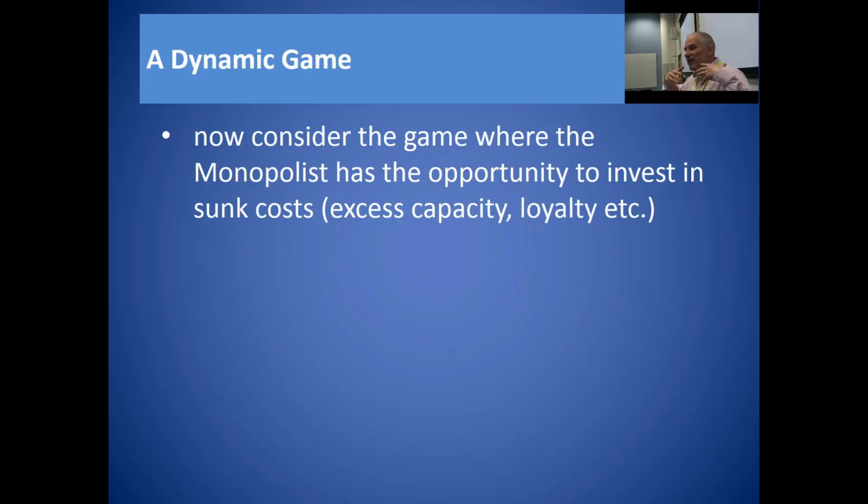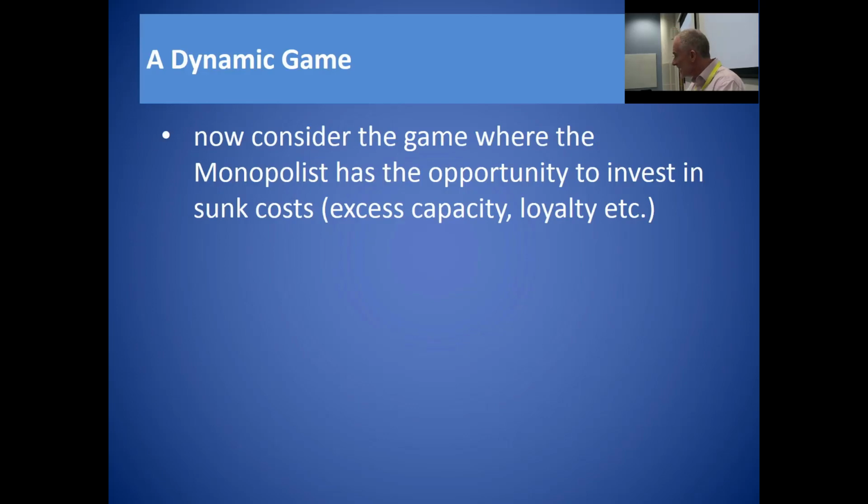It could invest in a heavy brand loyalty and advertising scheme that builds loyalty of customers to it. But this does impose a sunk cost. Once this is spent, it doesn't matter whether market entry occurs or not. That expense has already been incurred.